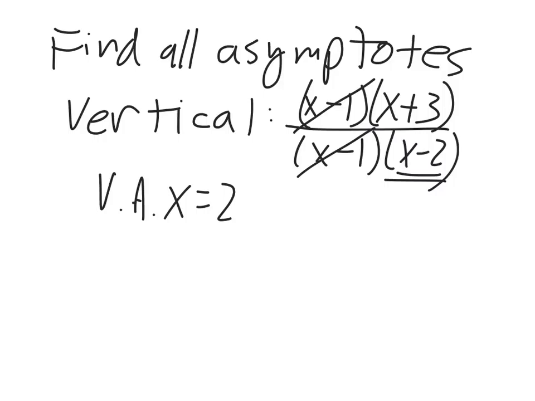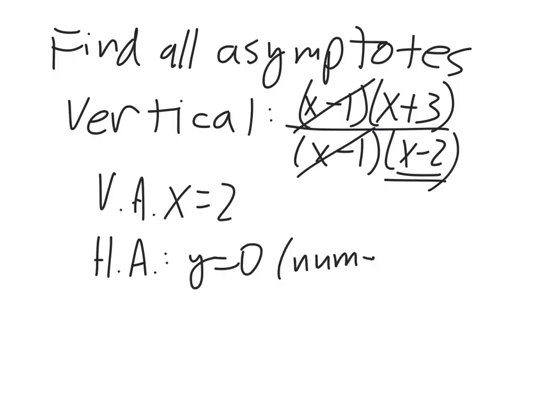Okay. Horizontal asymptotes, well, that really depends on comparing the numerator and denominator. If the denominator is a larger degree than the numerator, then we would have y equals 0. Or usually I say the numerator has a lesser degree than the denominator.